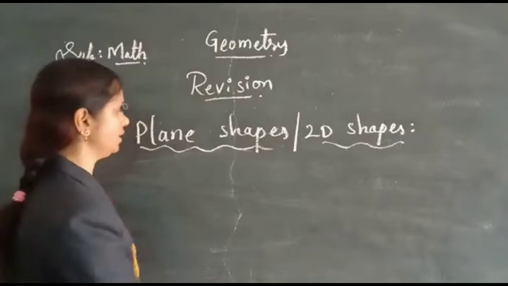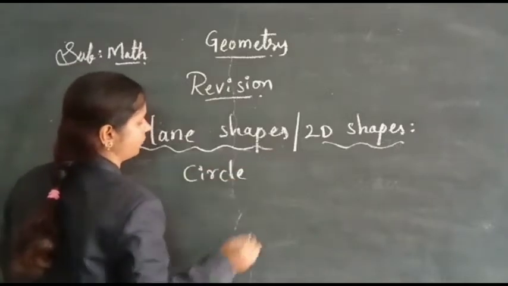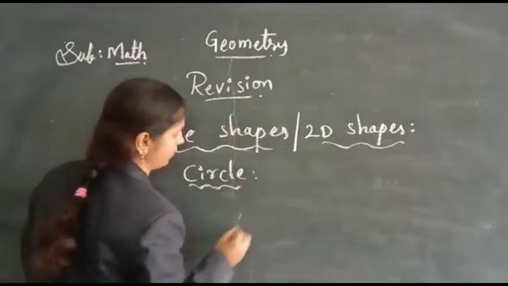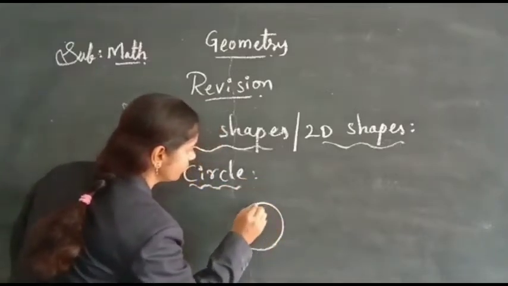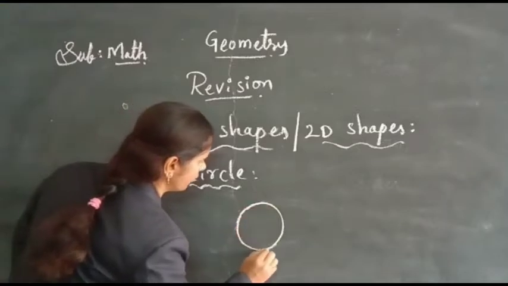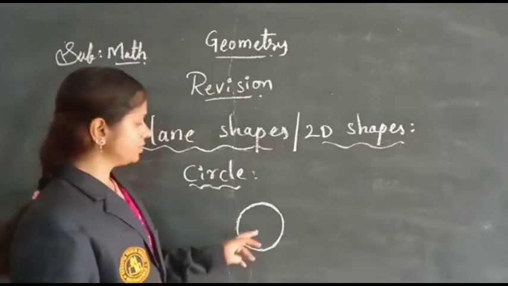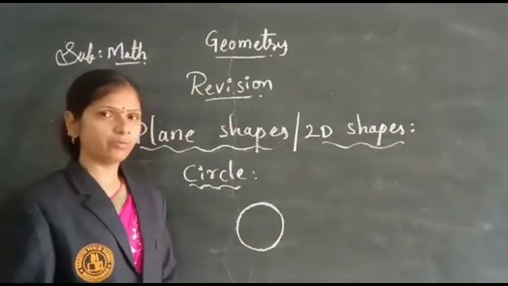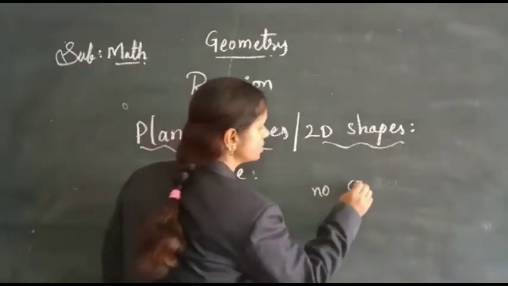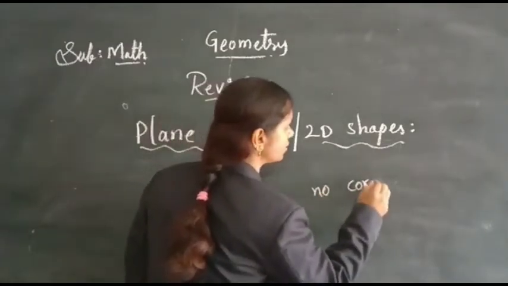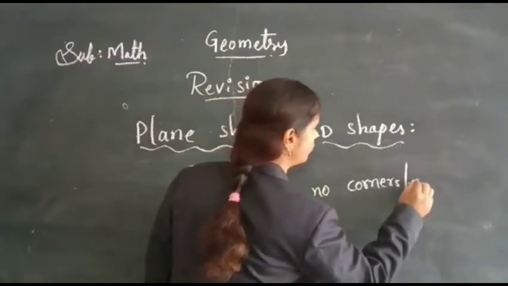Next 2D shape, children: circle. Here you can see a circle shape. Now, a circle doesn't have any corners, so here you can write no corners or no vertices.